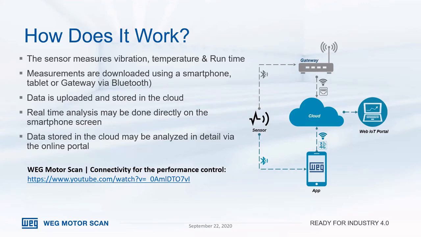Again, it's stored in the cloud. Real-time analysis may be done directly on the smartphone while you're by the actual sensor. And again, the data is stored right in the cloud for you to be analyzed at a later date.